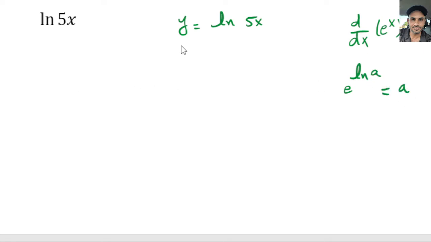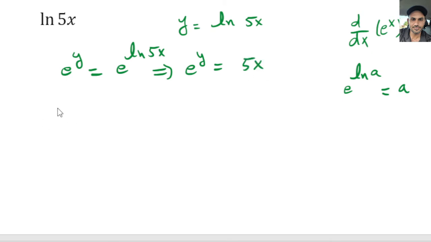The first step is to turn this natural log function into the exponential function. So it's going to be e to the y equals e to the ln of 5x. e and ln are inverses of each other, so it's just equal to 5x.